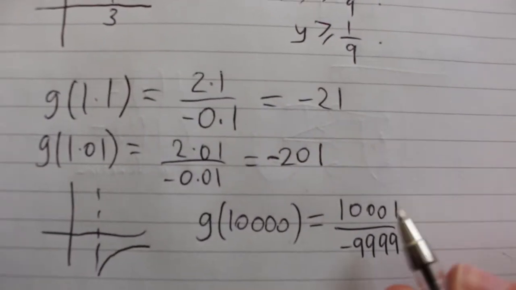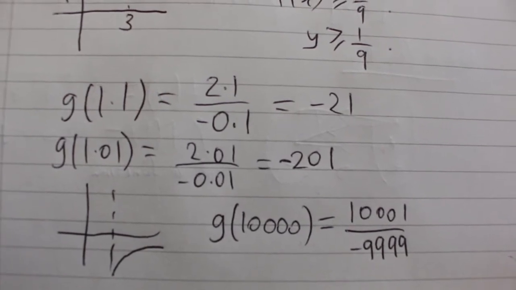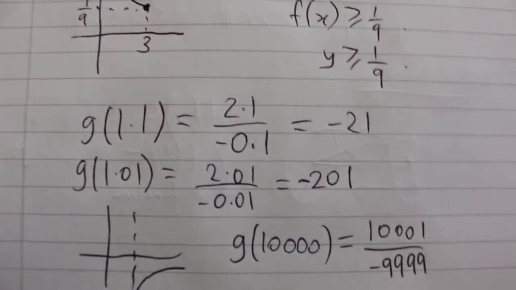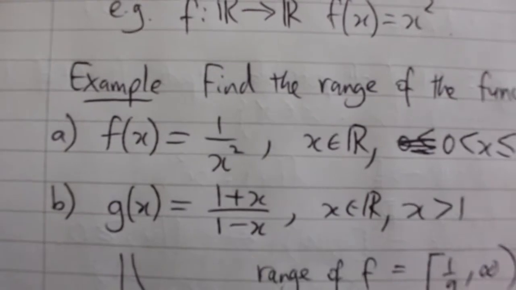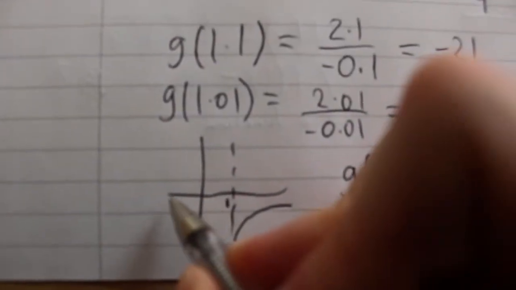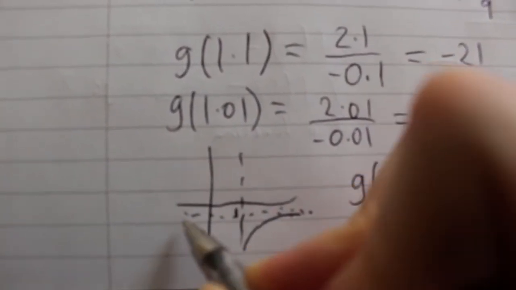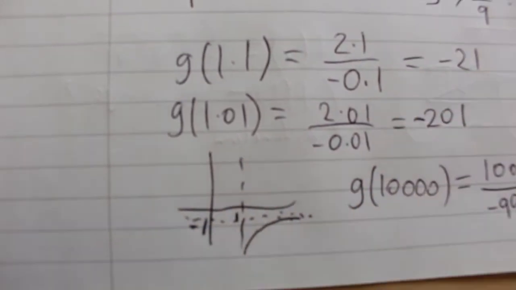And we can see this number here is very close to minus 1. And as you put in really large values of x, you'll find that g of x is really close to minus 1, which kind of suggests that this horizontal asymptote in the graph here is at minus 1.